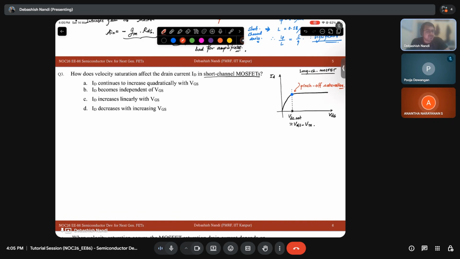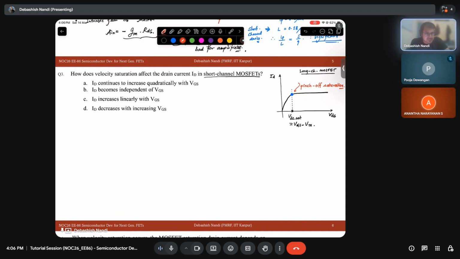So that means even if you increase VD, there is no change in the current. Current will flow, but it will be constant. Why does that happen? Your inversion charge is lowered and your electric field is becoming higher with increasing VDS, so the product of those two will remain constant.